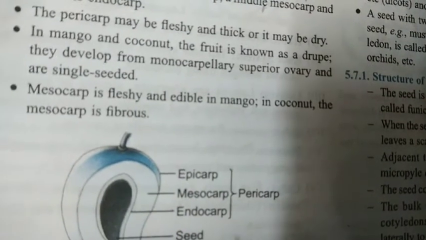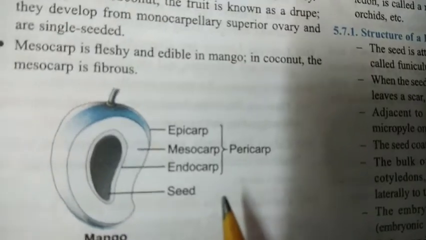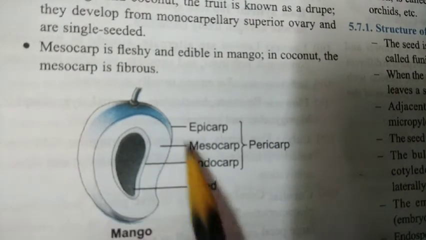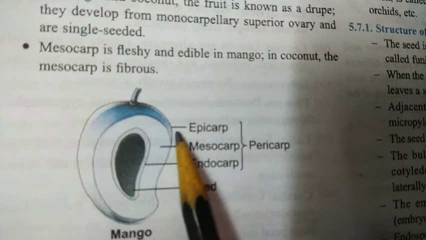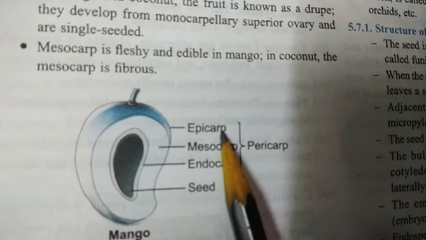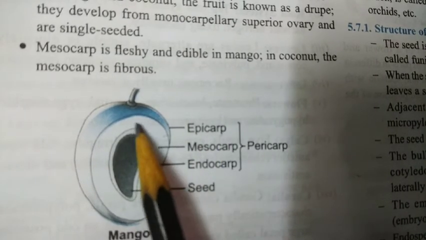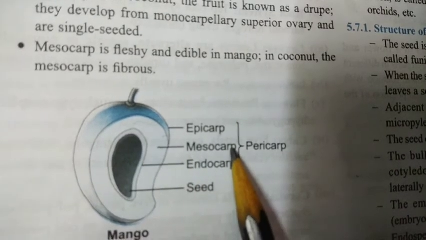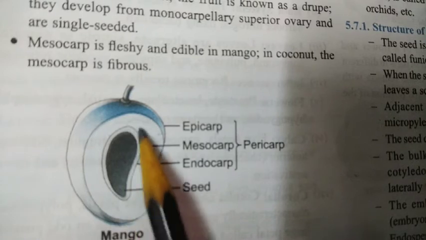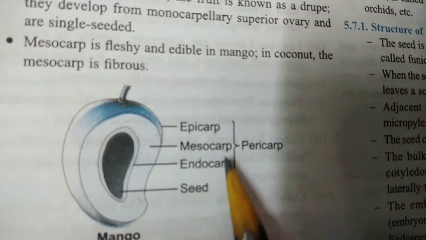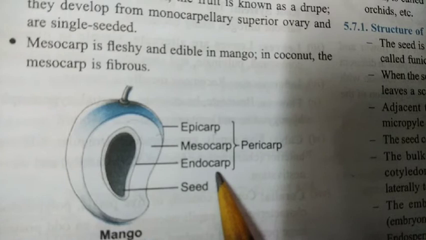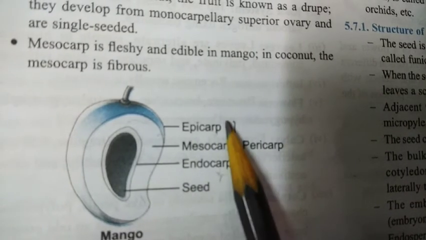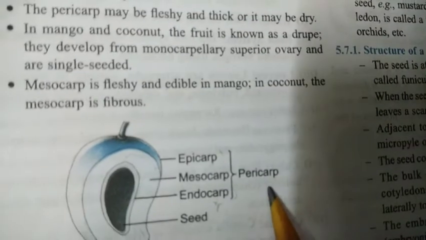Like if we see the diagram of mango, then the outermost covering is the epicarp, and the fibrous fleshy part is the mesocarp, and the inner hard part is called endocarp. And all these layers collectively constitute the pericarp.